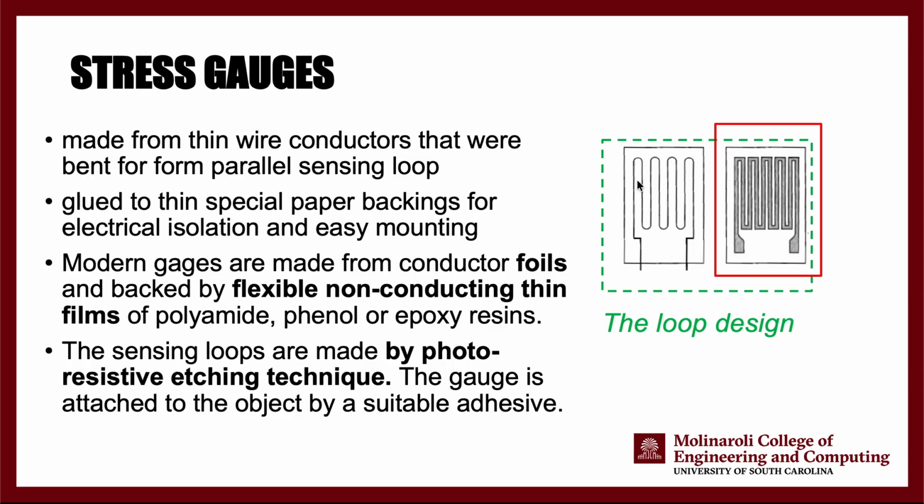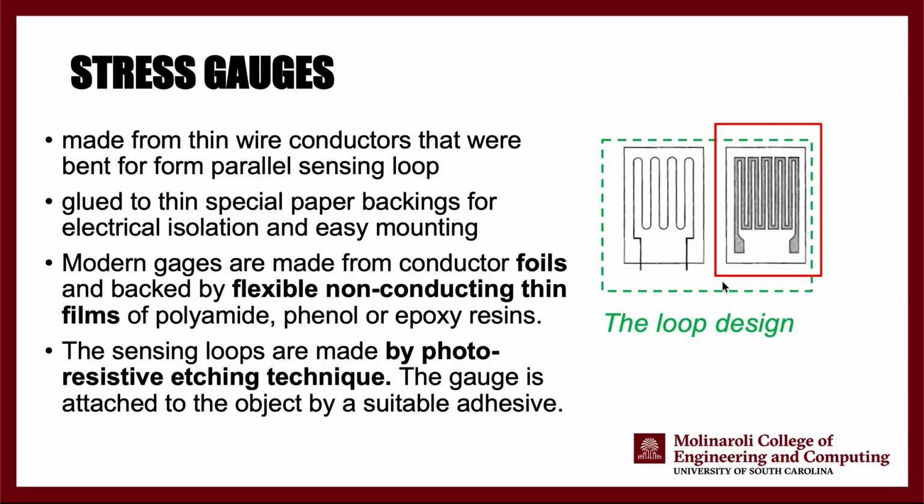As you can see, these are the thin wires that are bent from a parallel sensing loop, right? And they are glued on top of a very special back paper to make sure that it is electrically isolated, because we don't want these wires to have any electrical connection to any other surface, right?